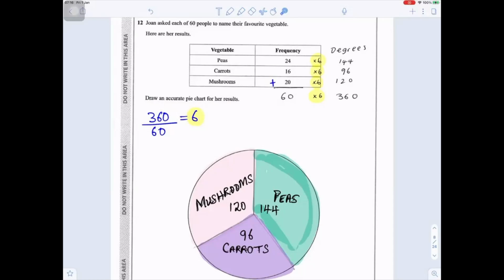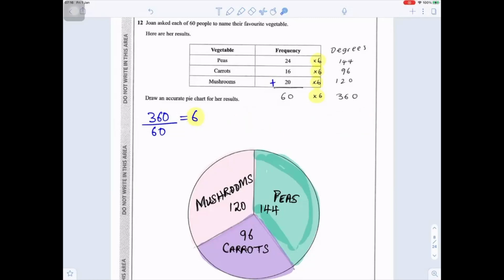To draw a pie chart, we need to take all of these numbers and change them to angles so that we can draw it on the pie chart. The 60 people represent 360 degrees.